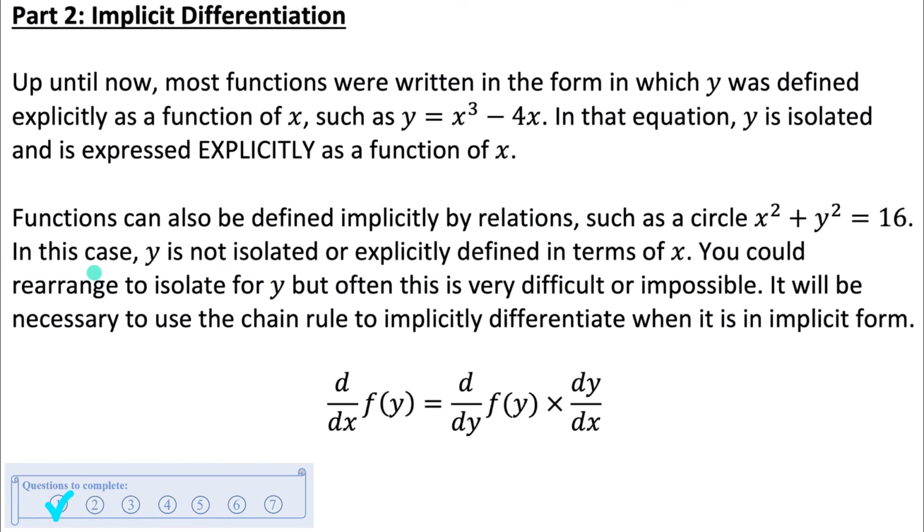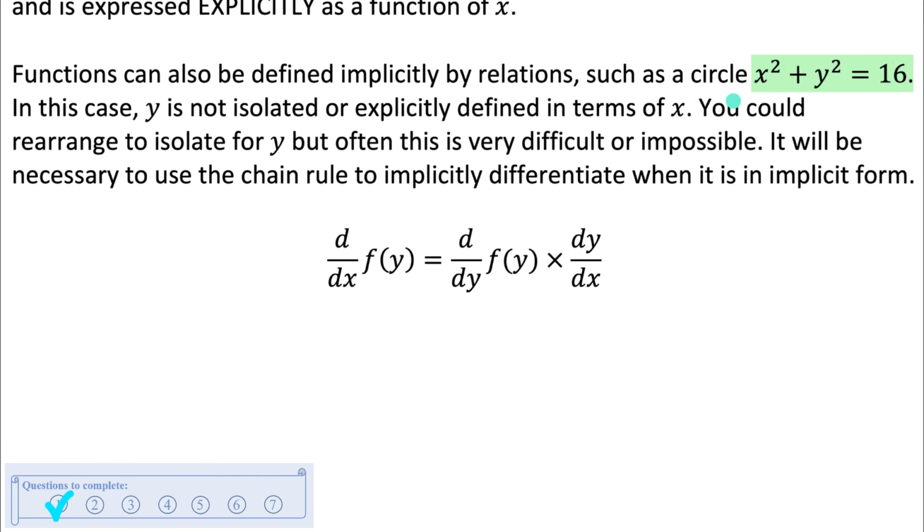So in that case, it would be necessary to use the chain rule to implicitly differentiate when it's in implicit form. In this example with the circle, I've got three terms. This one's a function of x. I could think of that one as a function of x. So those would be easy to differentiate with respect to x. But this is a function of y. So to differentiate that with respect to x, I would need to use this rule I have outlined here.